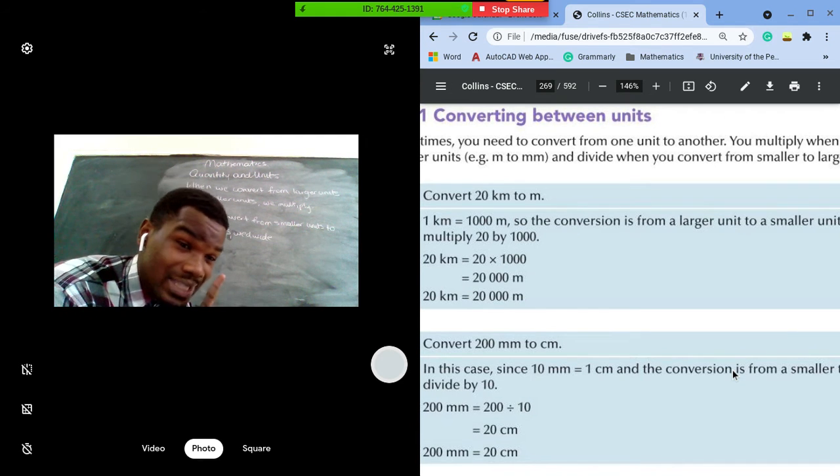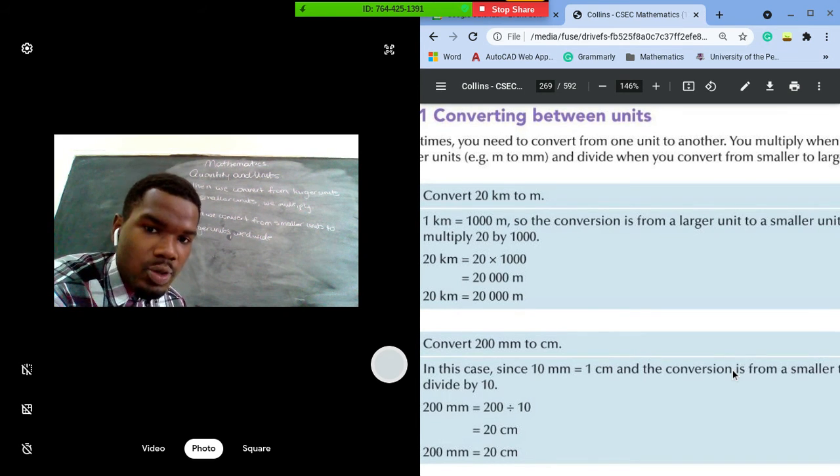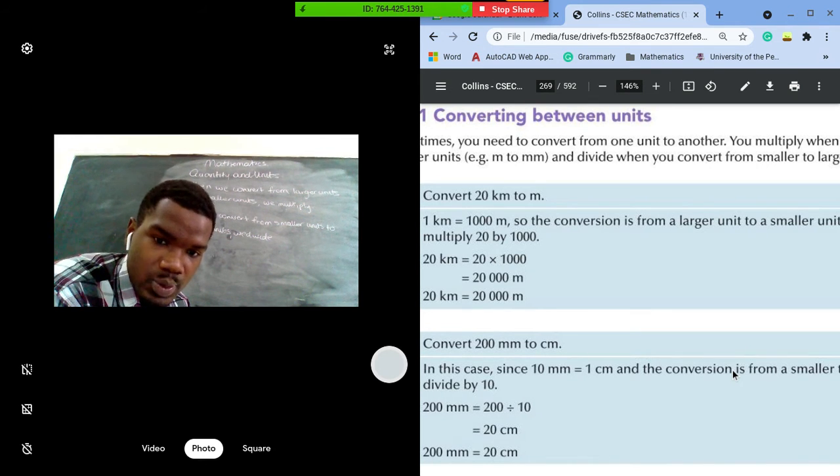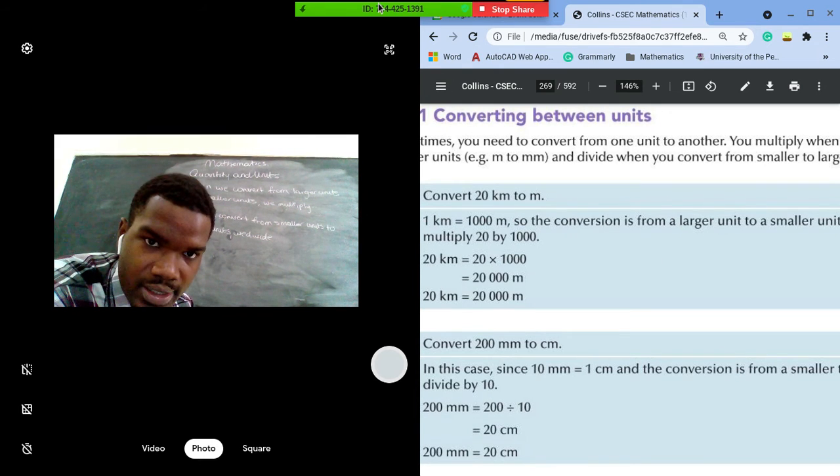So if we have 1 kilometer, we have 1,000 meters. We're going to multiply 20 by 1,000, and that gives us the total amount of meters, which is 20,000 meters. Alright? Everybody understand that one? Hello? Do you guys understand that one?